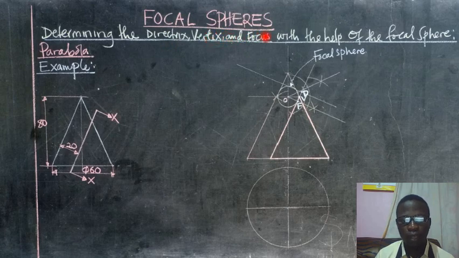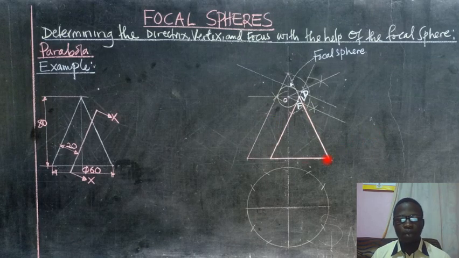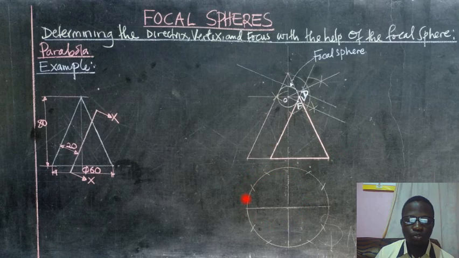But this being a sectioned figure, we need also to draw the complete plan and the true shape of the figure, which will cater for the parabola itself. Now what we do here, we divide the circle into 12 equal parts, and when you divide, you get those divisions like that.